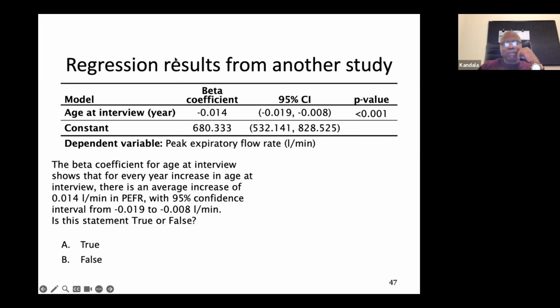Is anybody able to see this? What makes this statement false?